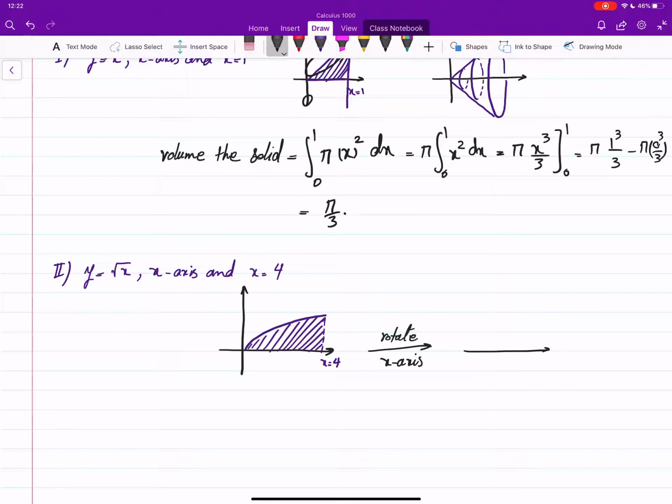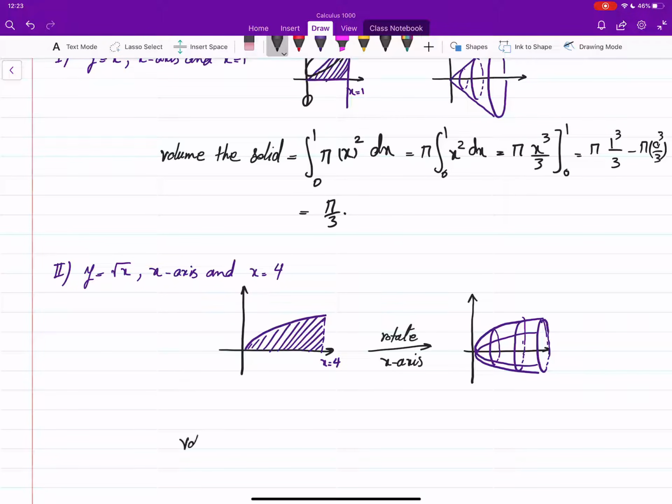So that means that we are going to get something like a solid ball.